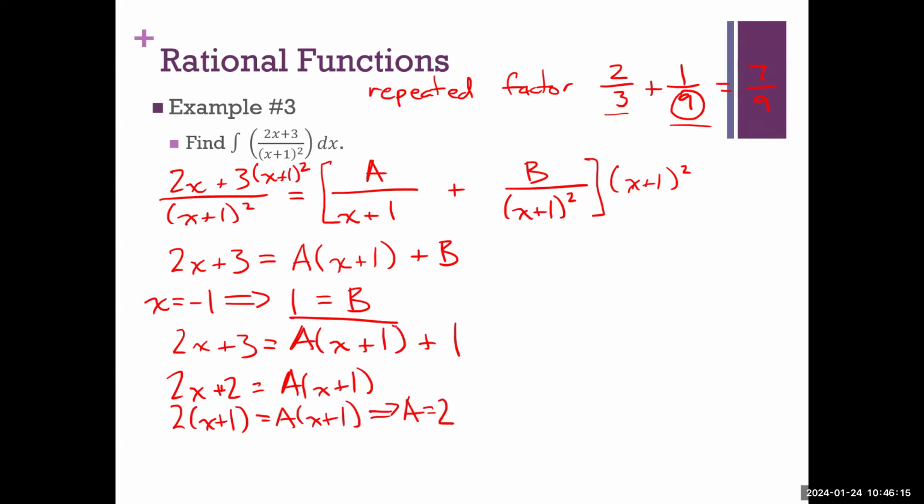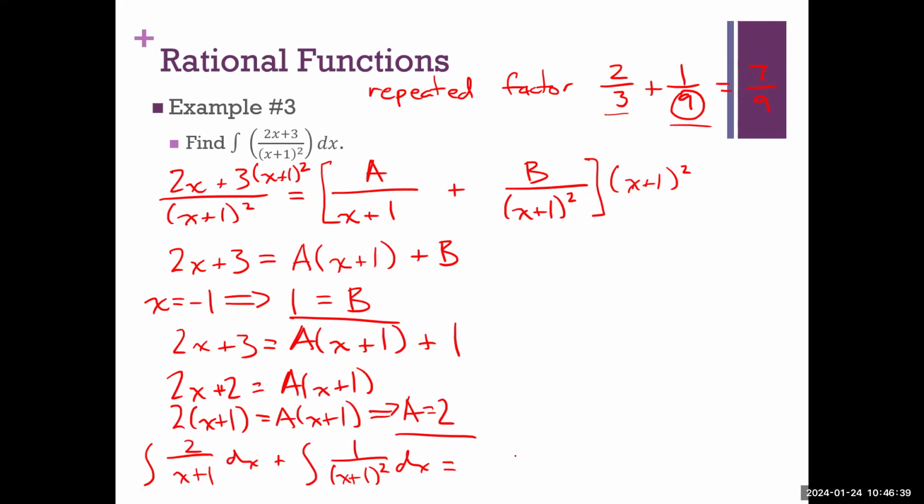So I have my A and B, which means I can now think about my integrals in a totally different way. So now I'm doing the integral of what? 2 over x plus 1 dx plus the integral of what? 1 over x plus 1 squared dx. I think we just had 2 over x plus 1.